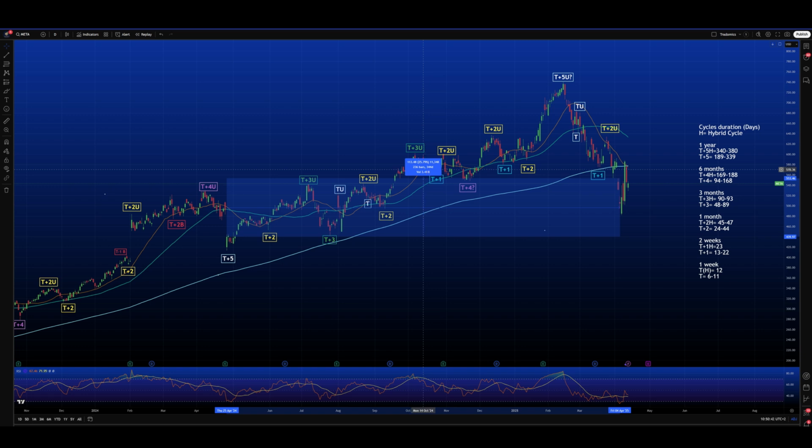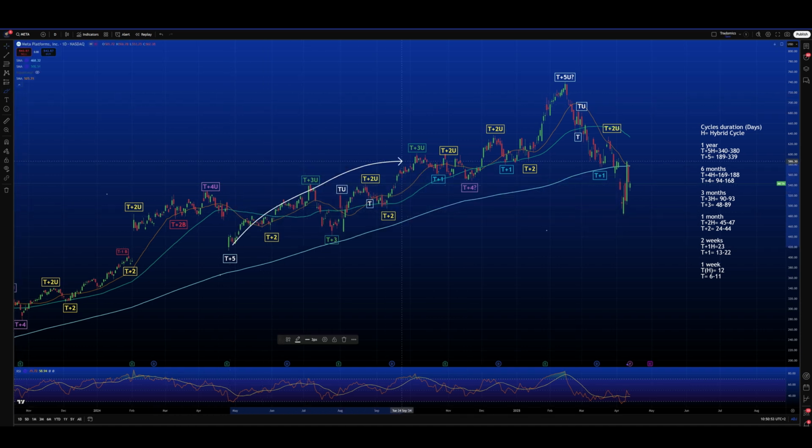So like Apple, also on Meta, we have more than the minimum duration to have a T plus 5. And this T plus 5 is neutral positive and not negative, because the low here is not going lower than this low. Therefore, we cannot expect a situation of this kind, but rather this low might be the beginning of something new.